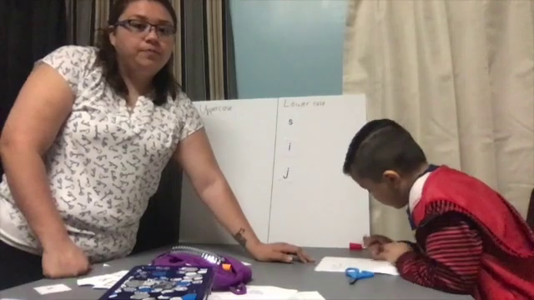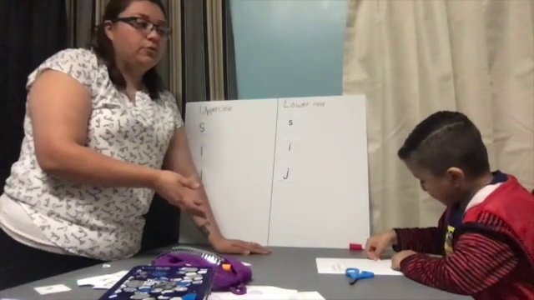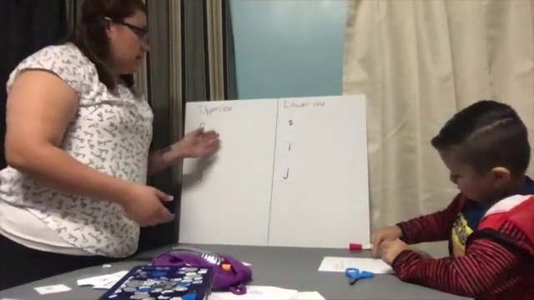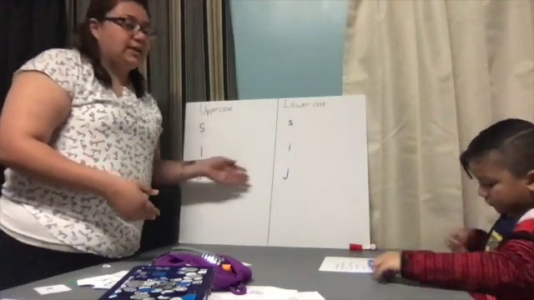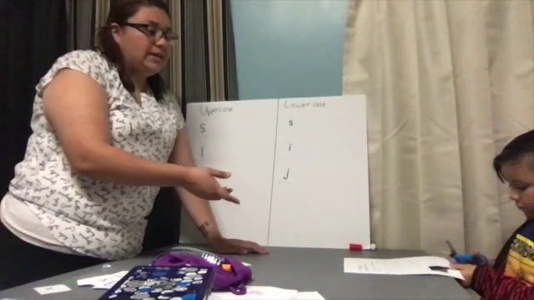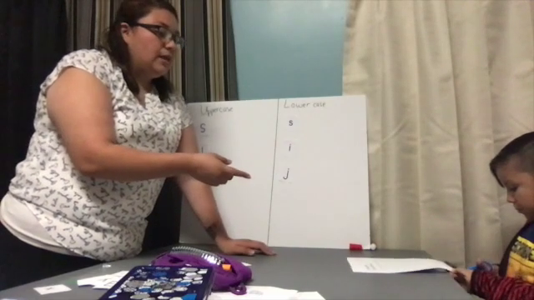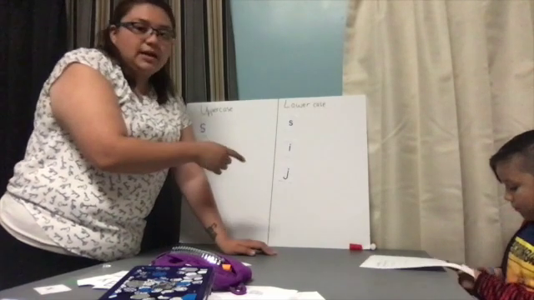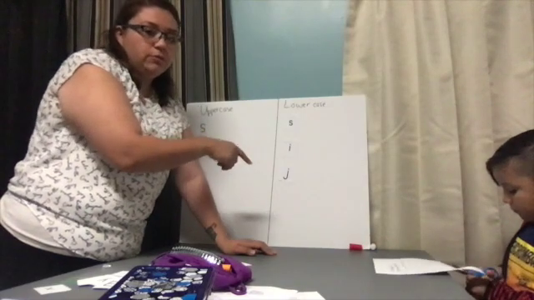I told him the routine of how we were doing it. So what he's doing right now is exactly what I had told him to do when we were doing the bulletin board.